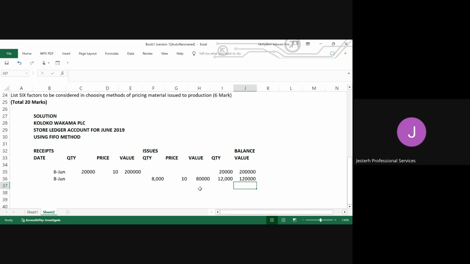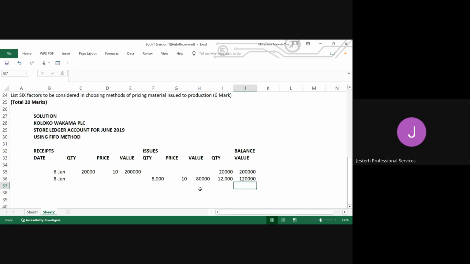Now, on the 8th, that is when they decide to issue out to the production department. They issue out 8,000 units of the product they have in stock.